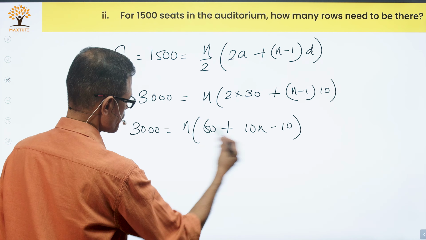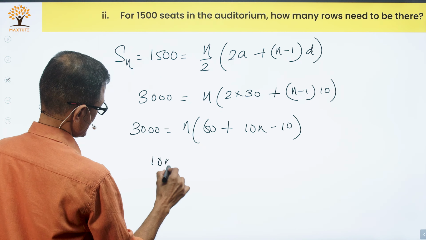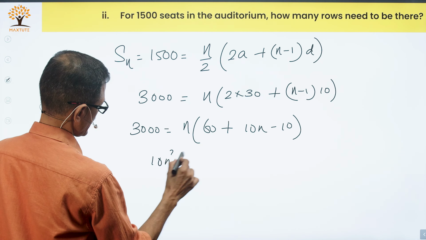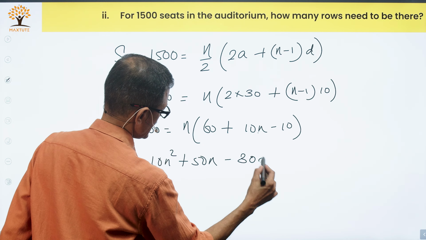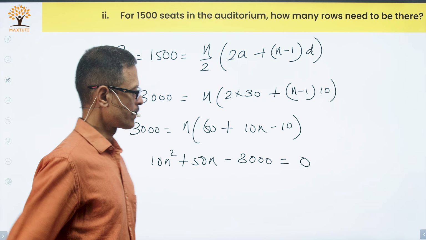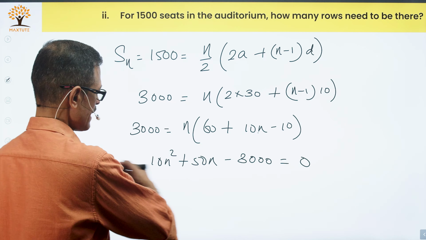So on the right hand side, this is 10n square plus 50n. Take this 3000 to the other side, minus 3000 is equal to 0. Divide the entire equation by 10, we'll have n square plus 5n minus 300 is equal to 0. Sum is 5, product is minus 300, 20 into 15 is equal to 300.